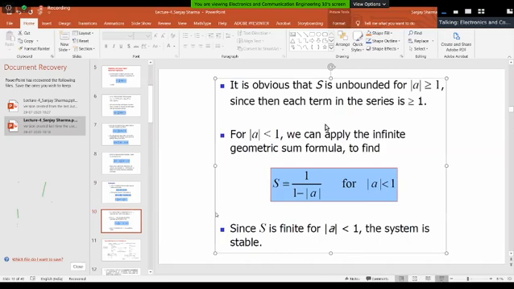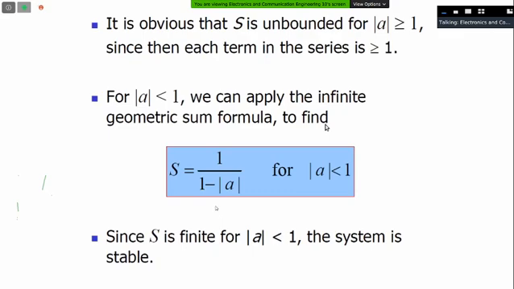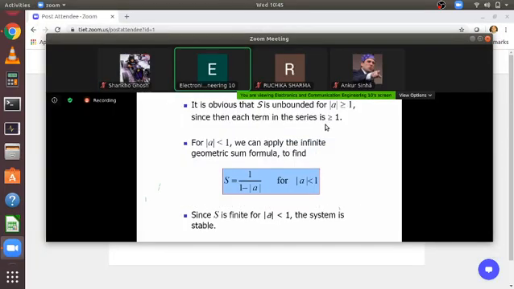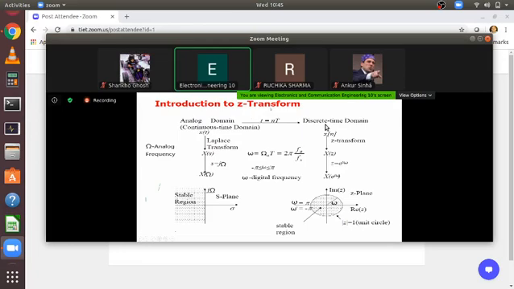These are some of the basic operations, basic signals, and basic properties of systems, which are basically the review of the signals and systems course. But let us keep reviewing and start with the introduction to the Z transform.